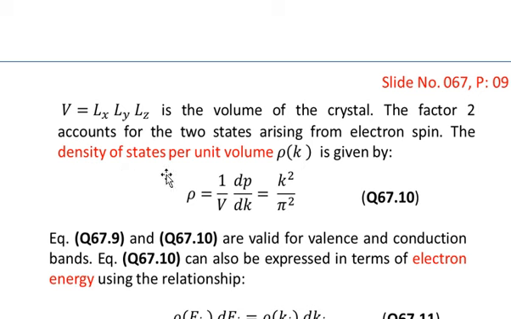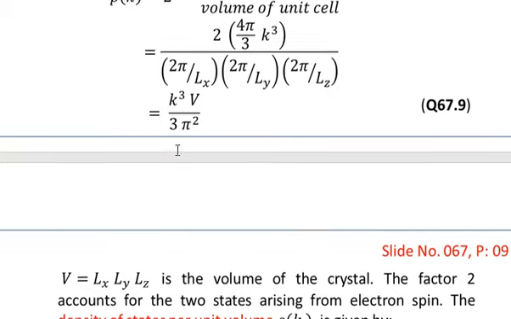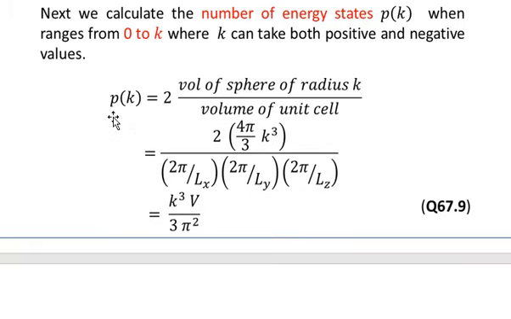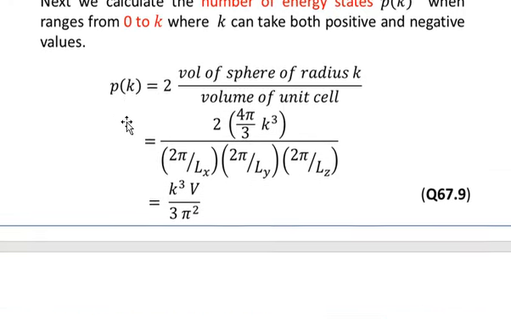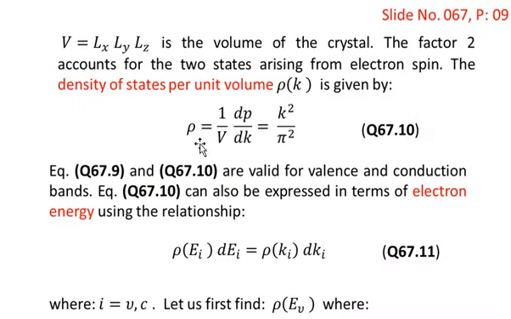The density of states per unit volume, which we represent as rho of k, is given by the following. The density of states rho can be obtained from the number of energy states P of k through the formula rho equals 1 over V times dP over dk.